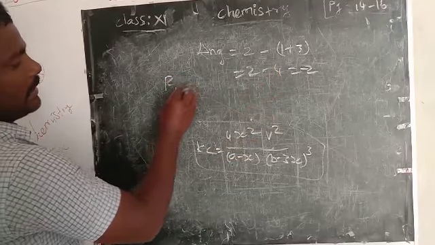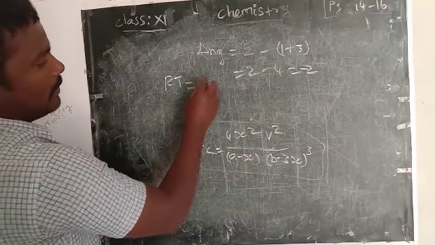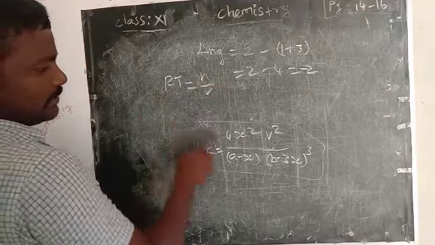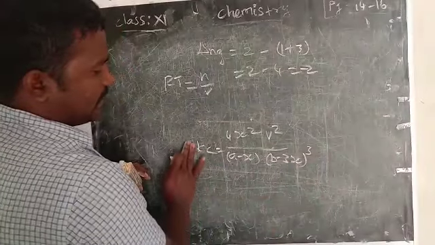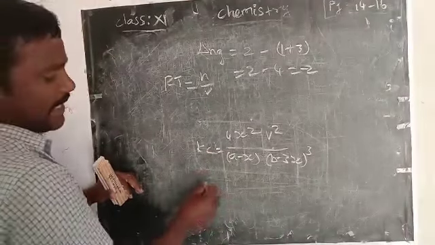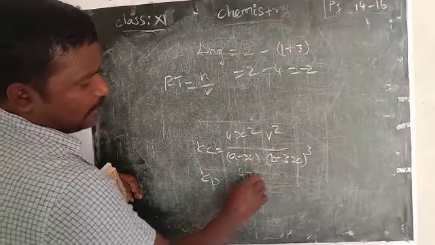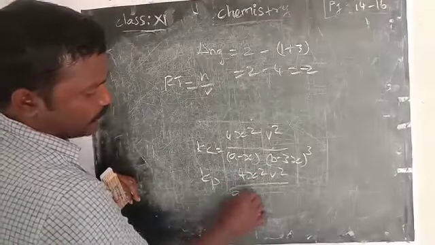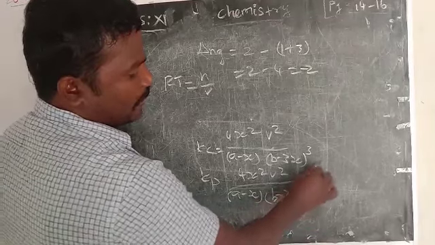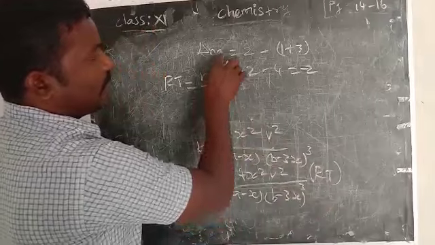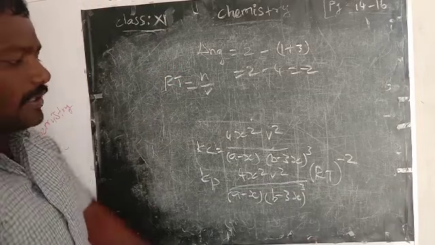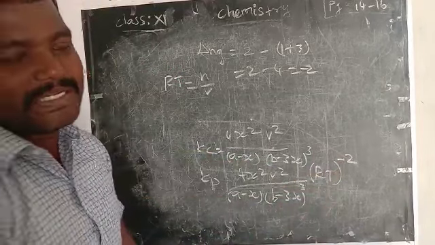So RT is equal to what? N by V. So in this reaction, if you want to convert Kc into Kp, you must write the term of Kc as usual again, along with that you must add RT to the power delta Ng. What is the delta Ng value? Minus 2, right?